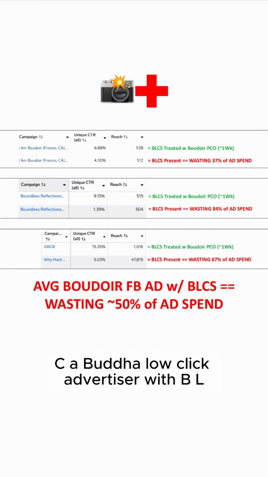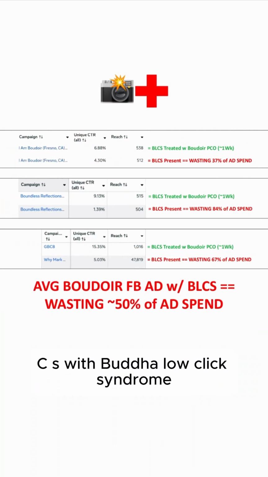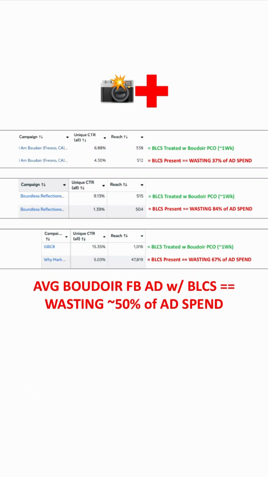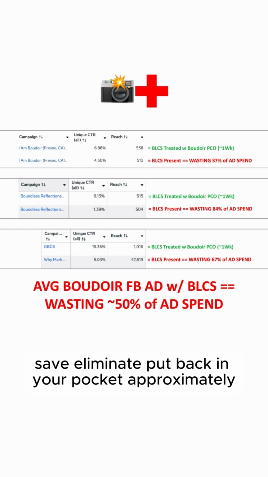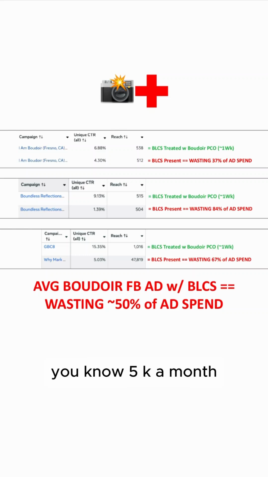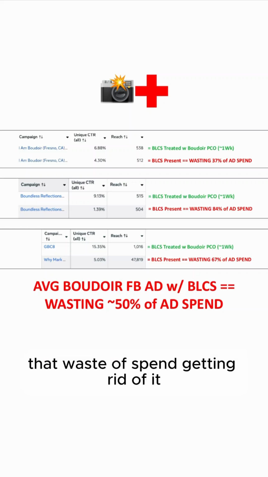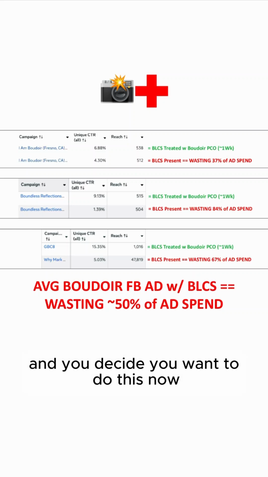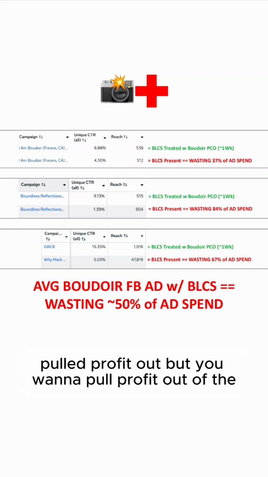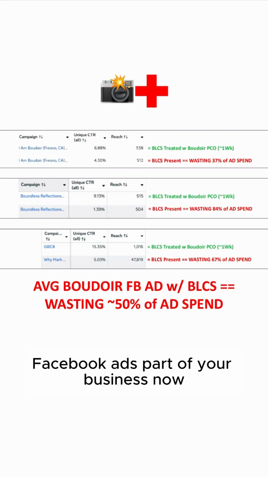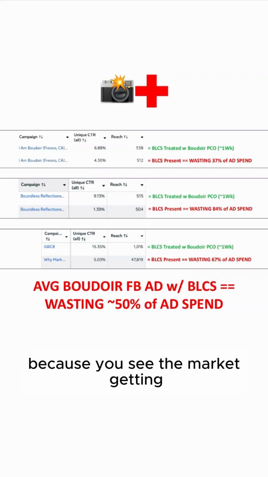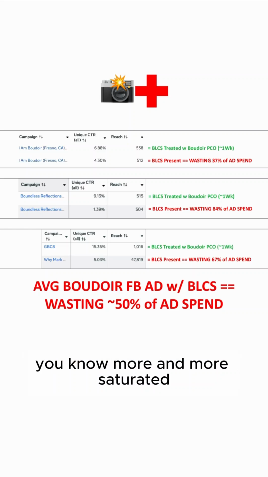All right, so if you're a BLCA, boudoir low click advertiser with BLCS, with boudoir low click syndrome, and you're spending more than 10 grand a month on boudoir Facebook ads, and you want to save, eliminate, put back in your pocket approximately 5K a month, approximately 60K over the next year by eliminating the wasted spend, and you decide you want to do this now, because you've optimized other parts of the business, pulled profit out, but you want to pull profit out of the Facebook ads part of your business now because you see the market getting more and more saturated, more boudoir photographers every day.